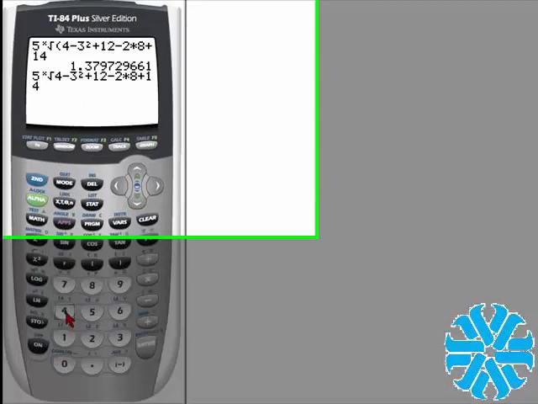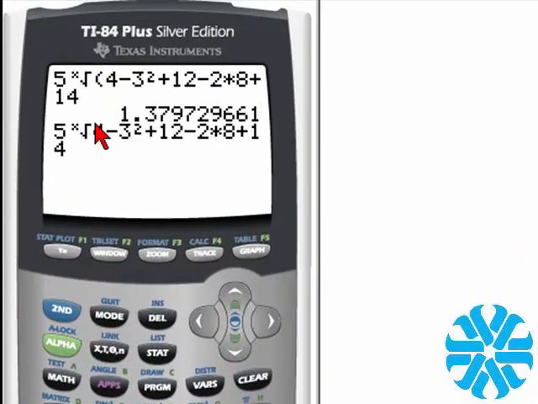Now remember what this is going to do, because there is no leading parenthesis here, what's going to be computed is just the fifth root of 4. Subtract 3 squared plus 12 minus 2 times 8 plus 14. Note that the order of operations will be used for this computation. So we're definitely going to get a different answer than what we have right here.